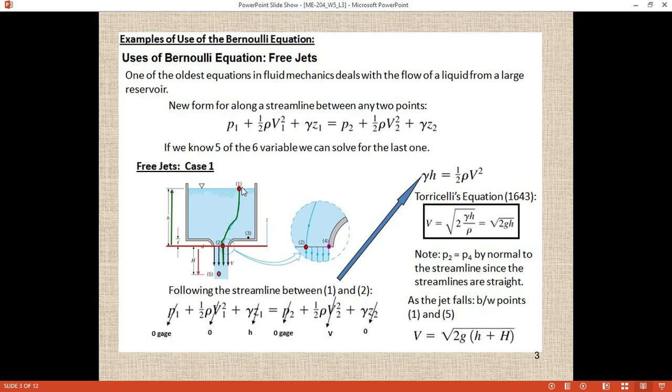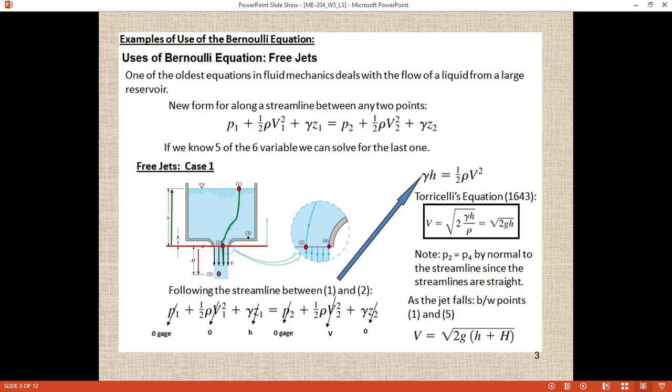Consider this is point 1, this is point 2, this is point 3, this is point 4 as mentioned here, and this is point 5. In the case of free jet, if the top surface is open to the atmosphere, the pressure at this point would be atmospheric pressure.